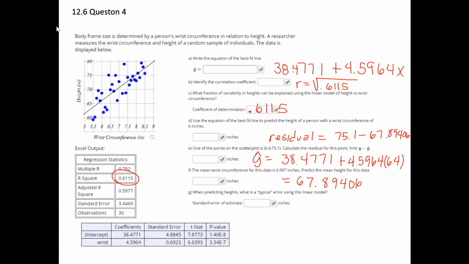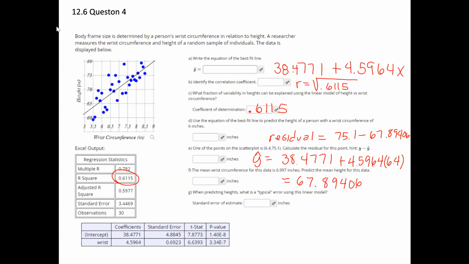All right, what else? The mean. It just throws you off for some reason. Why did you just use the first point, the 6.4? Because it says 6.4, comma, 75.1. X is 6.4.